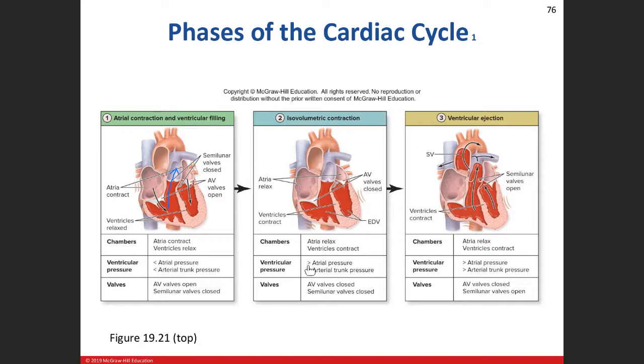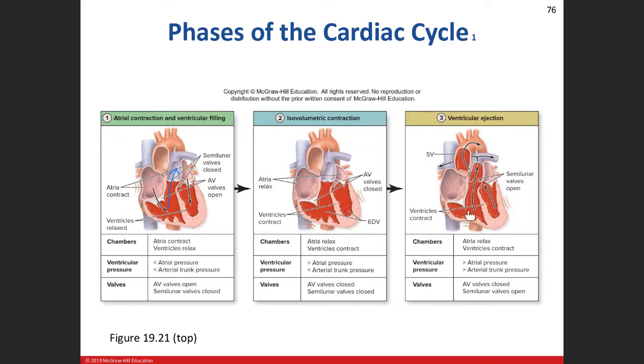So the ventricular pressure is greater than the atrial pressure, hence why these valves close, but it's still less than the arterial trunk pressure. So that's why these valves are still closed.